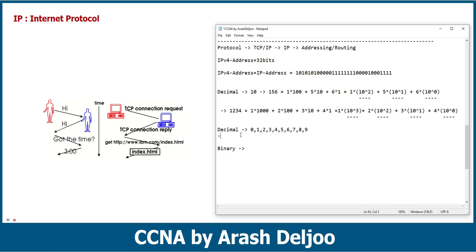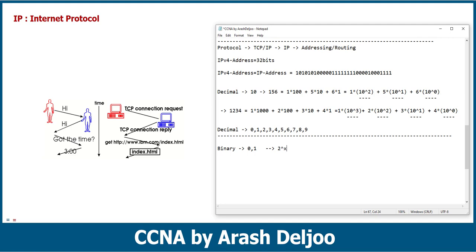But here we have another basis for IP addressing. We call it binary. In binary we have only 0 and 1. When you say that you are using the binary basis, this means that you are talking about the basis of 2, 2 to the power of something.